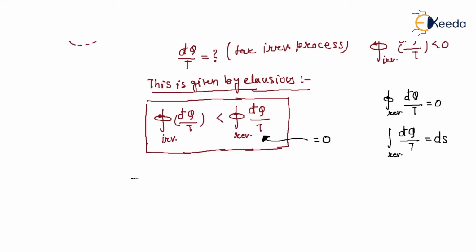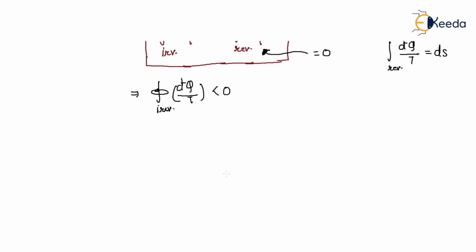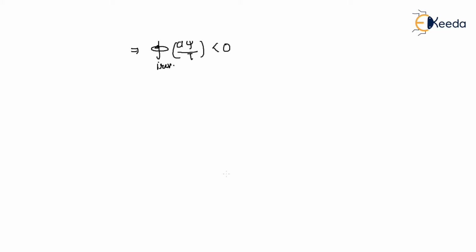Hence the cyclic integration of dq by T for an irreversible process is less than 0. We already proved that. And this is your boundary temperature.